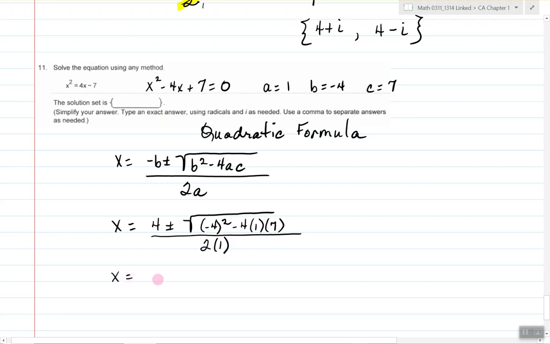So x is equal to 4 plus or minus the square root of negative 4 squared is 16. Negative 4 times 1 times 7 is negative 28, all over 2.